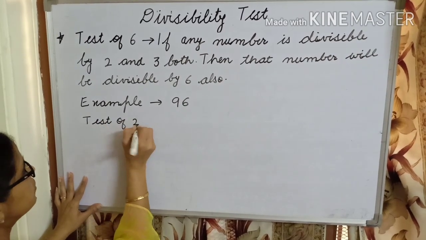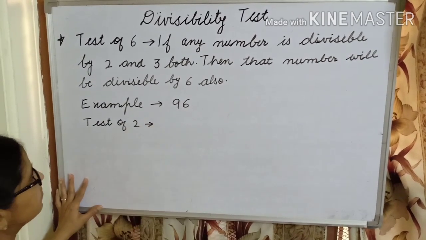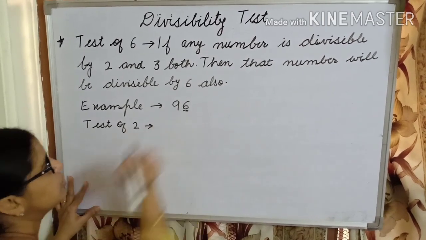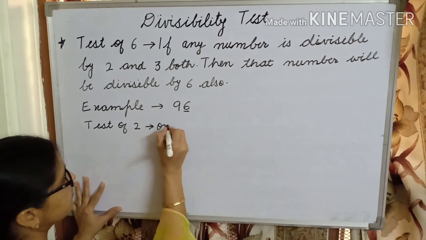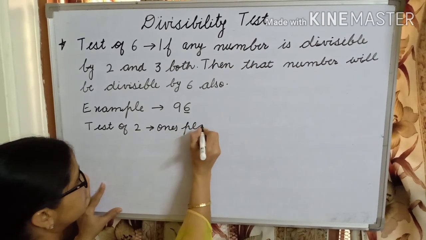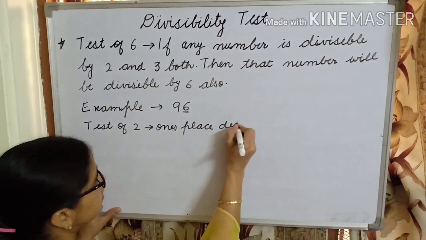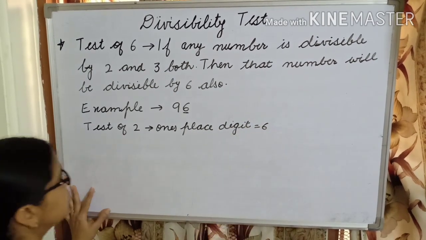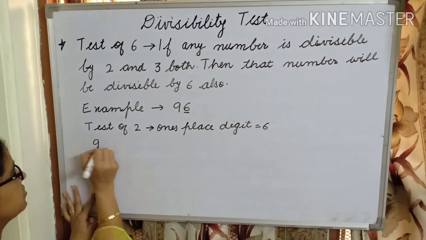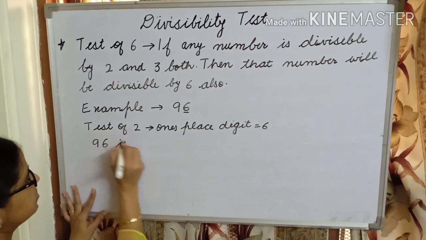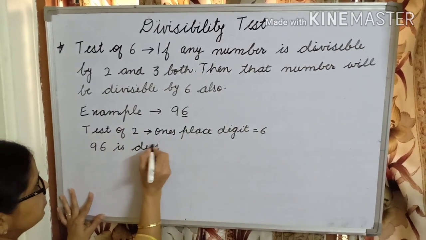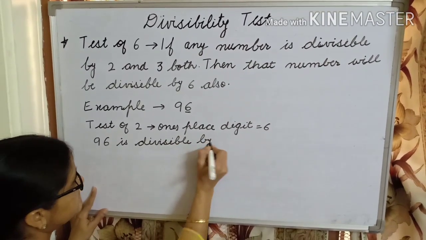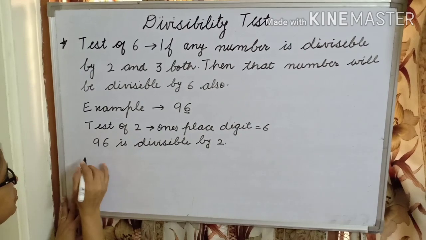Test of 2. For 2, what you have to see? Ones place digit. Ones place digit is equal to 6. Then this 96 is divisible by 2.